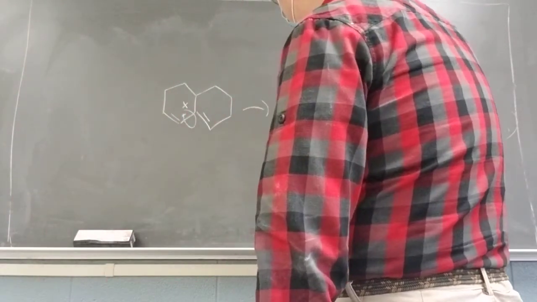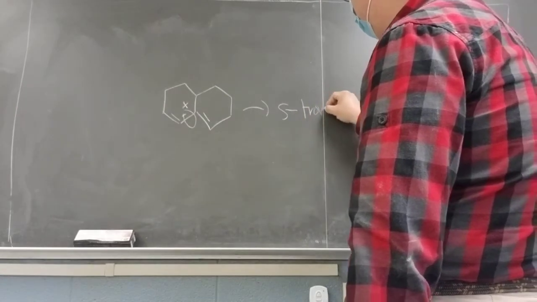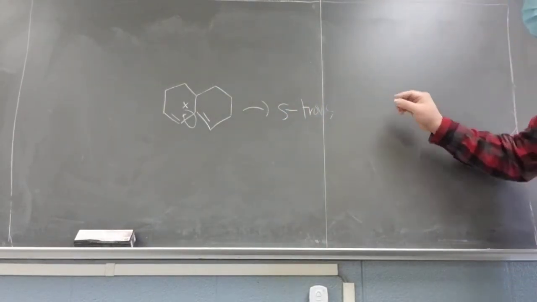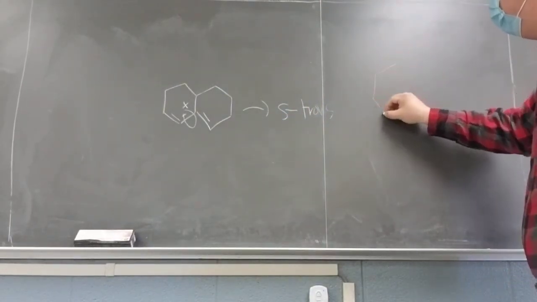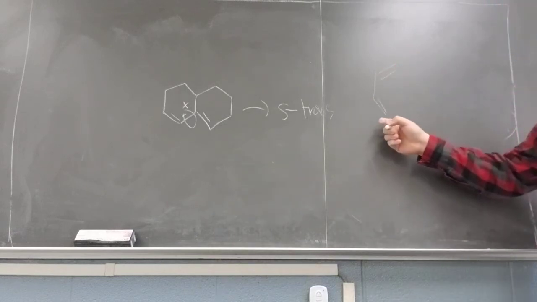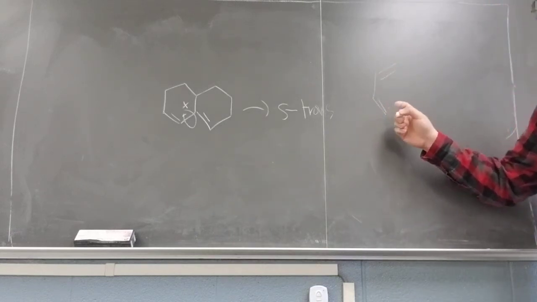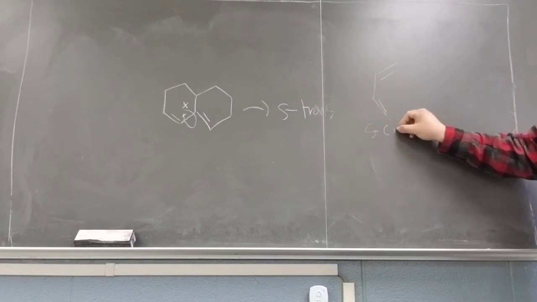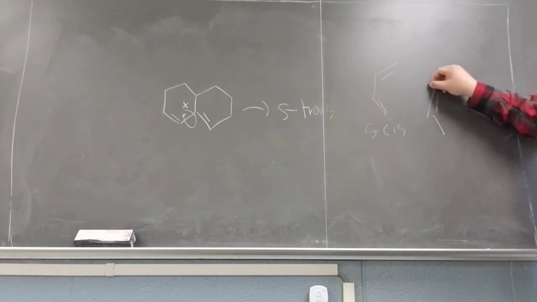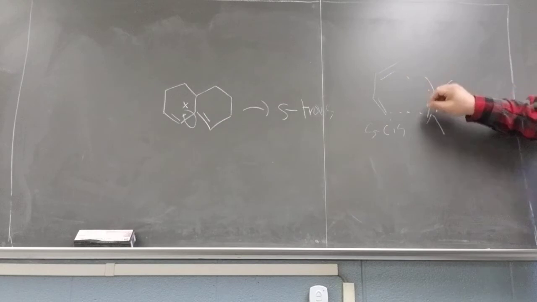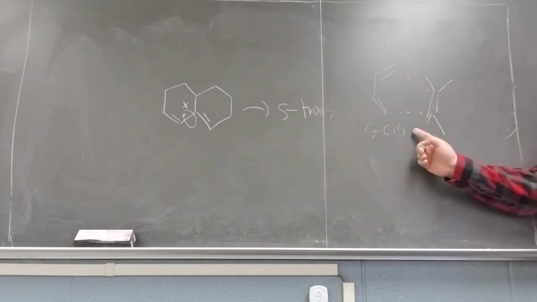So in that case, it will be fixed only as trans conformation. But the problem is, as we did so many times, it has to be in s-cis form to do the Diels-Alder reaction, right?